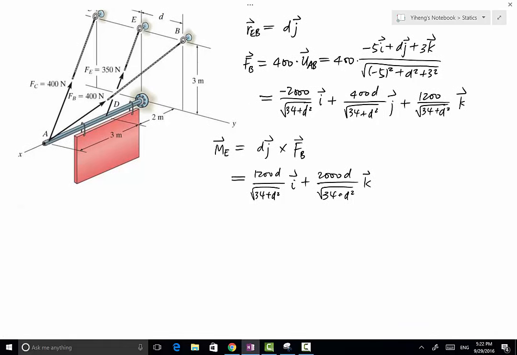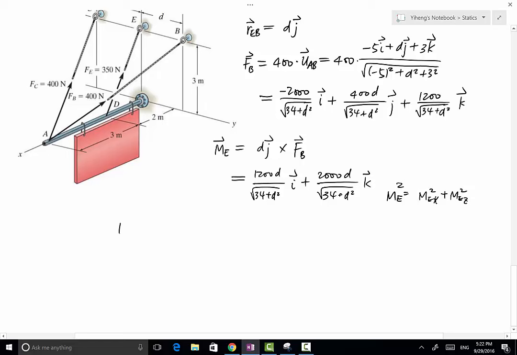Its magnitude, if you remember, equals the square root of its i component squared plus the z component squared. Therefore, I'm going to take this whole thing to the second power.